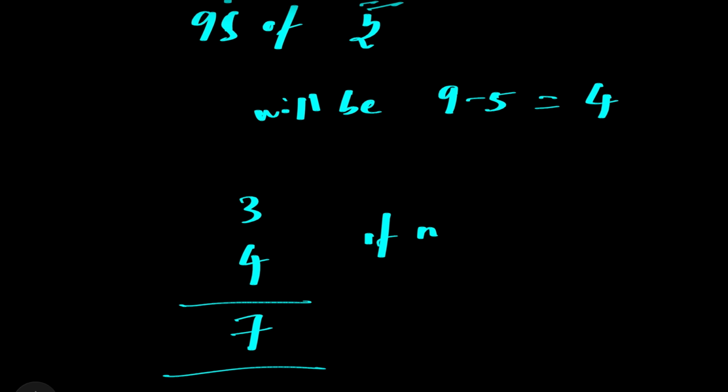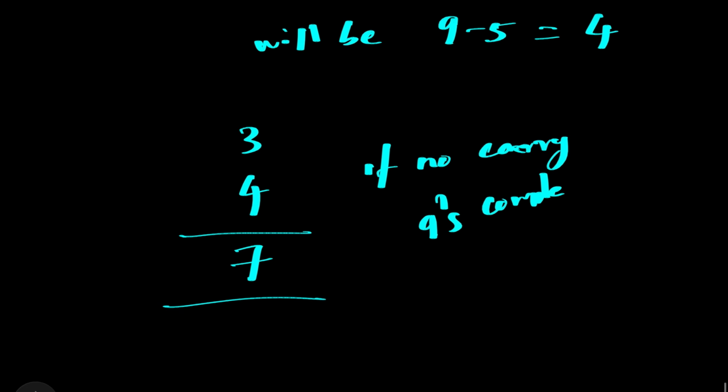If there is no carry, what do we have to do? We have to do a 9's complement of the result. What is the 9's complement again? So 9 minus 7, and that is going to be 2. Right.